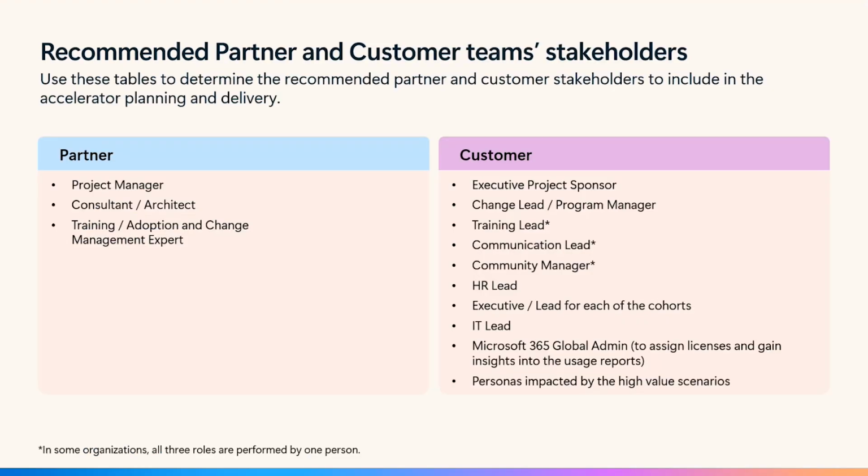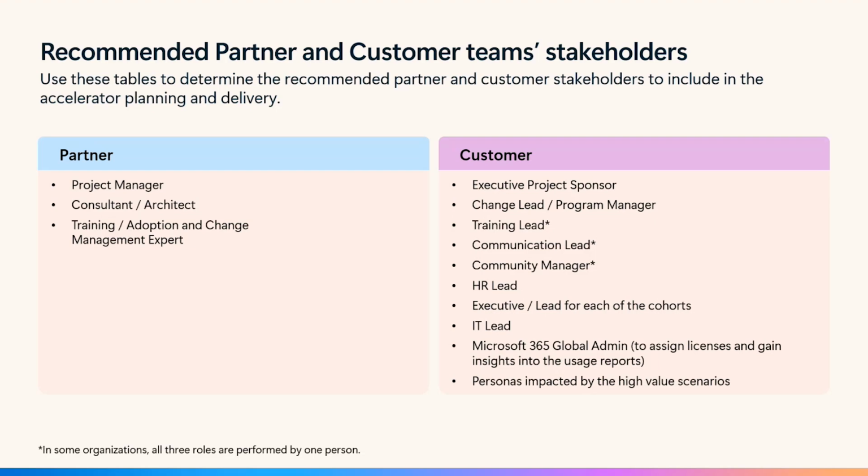Okay, and here we can see some recommendations. Partner and customer team stakeholders. As you see, I have a column for partner and a column for customers. For partner, one more time, some suggestions like a project manager, consultant and architect, training, adoption, change management expert.